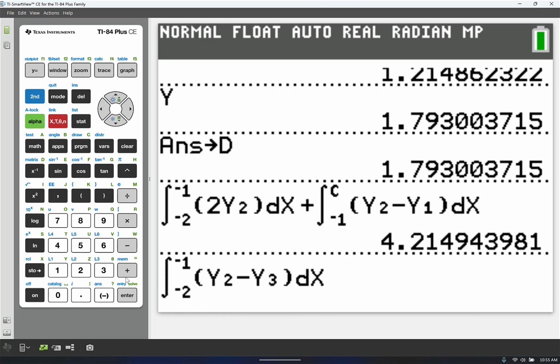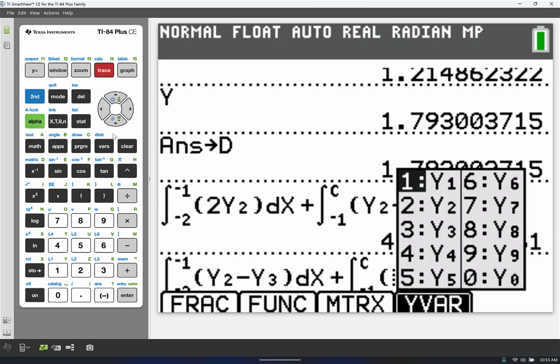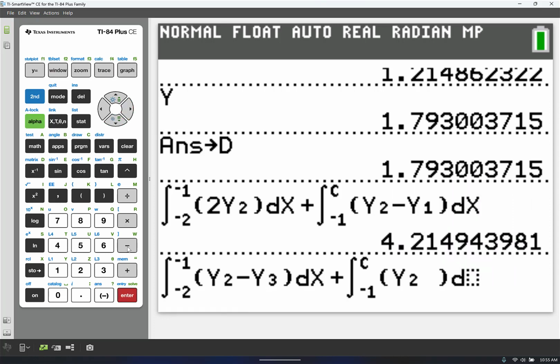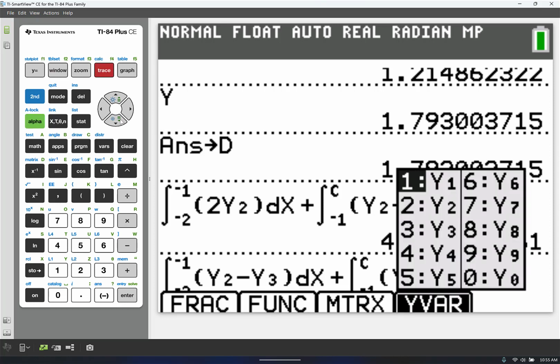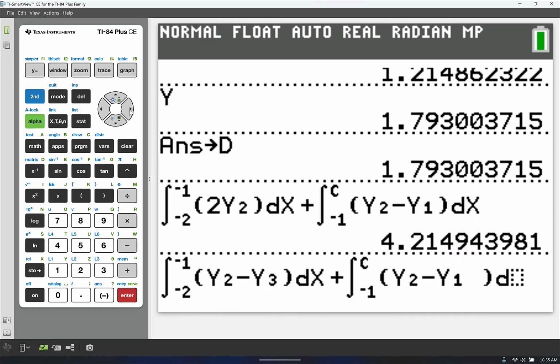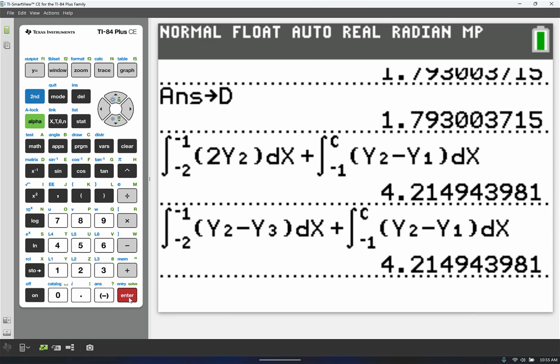Notice I didn't put a 2 there now. Plus math 9, -1 to alpha c of y2 minus y1. Alpha trace y2 minus alpha trace y1. X. Look at that. Same thing.